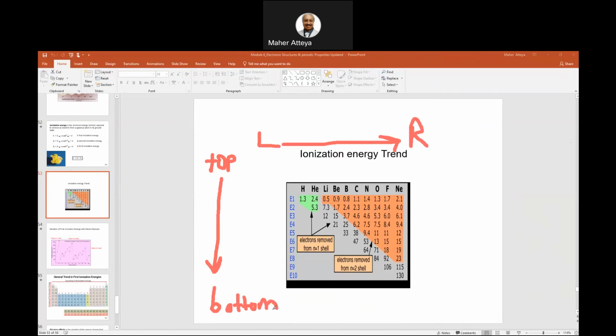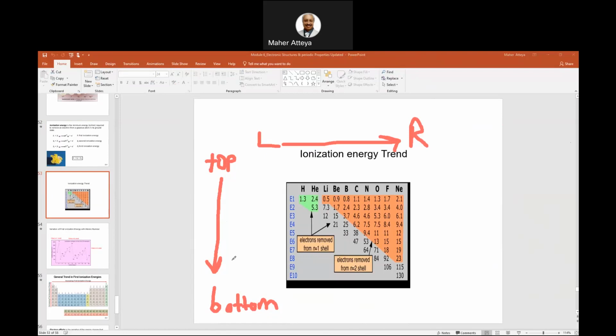It's the amount of energy needed to pull out an electron from a gaseous atom, right? Always remember that ionization energy, effective charge, and electron affinity are all opposite to the radius. The larger the radius, the smaller the ionization energy, correct? The electrons are far away, so very, very small energy is needed to get them out.